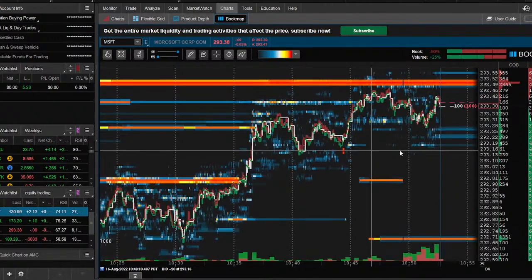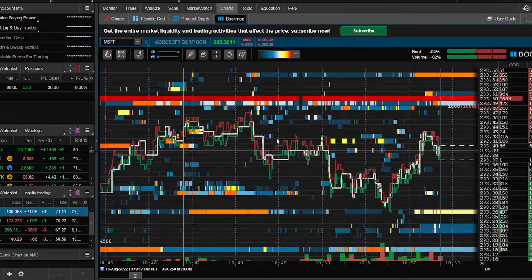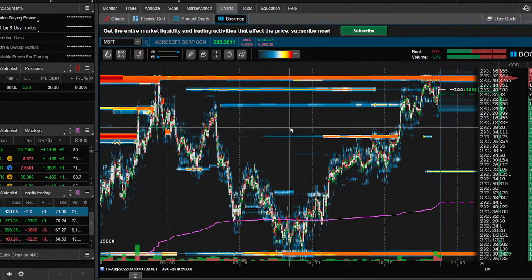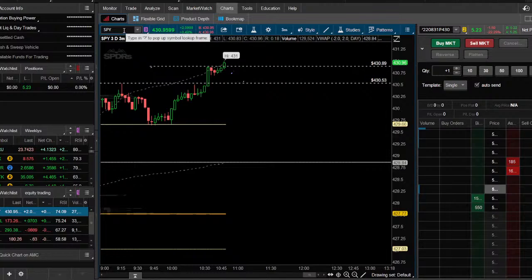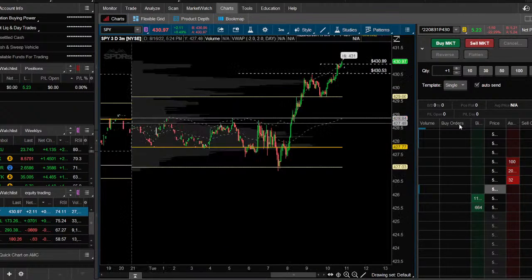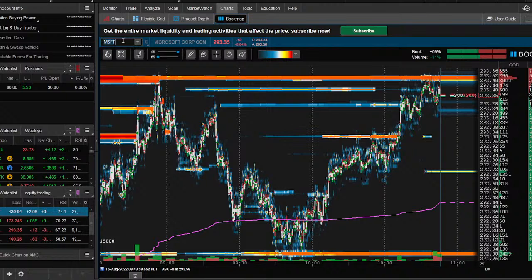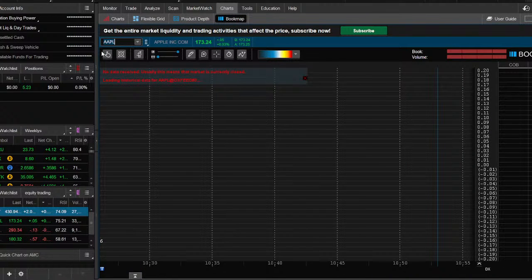Microsoft does look pretty interesting right here next to the prior day close, where it could potentially reverse. Just look at the Apple Bookmap.